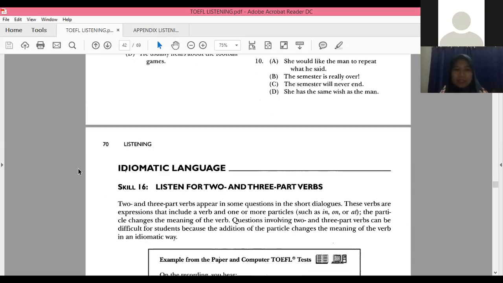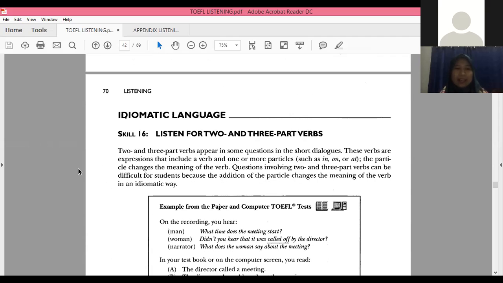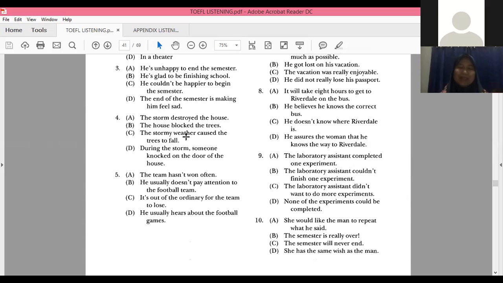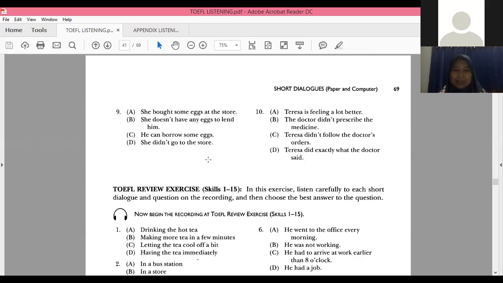This subchapter is called idiomatic language. Almost the same as the previous one, it's not the real meaning, not the literal meaning, bukan makna sesungguhnya, but what differs is, kalau I talk in bahasa, the three skills yesterday had meanings that were the opposite, berkebalikan dari statement second speaker-nya.